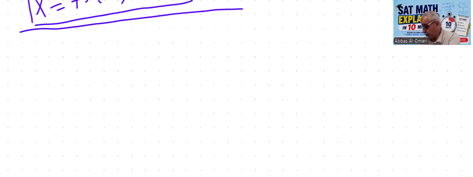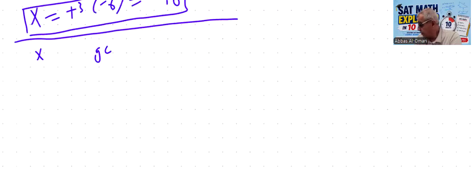Okay, we have one more problem. We have a table that shows values for X and G of X. X is 0, G of X is 15.